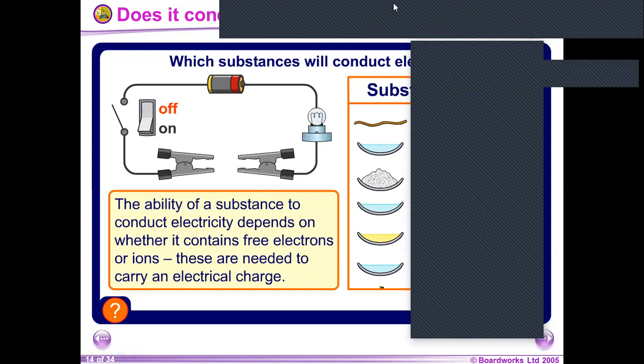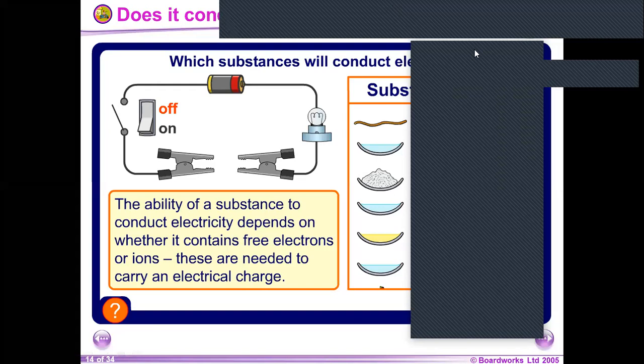You can say it in your own words. It connects the batteries. Nice, so it can allow electricity to move through it.